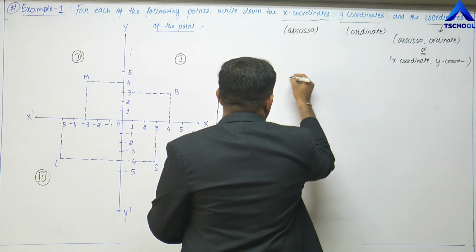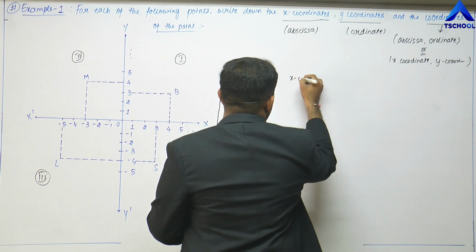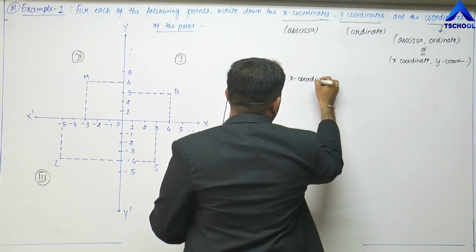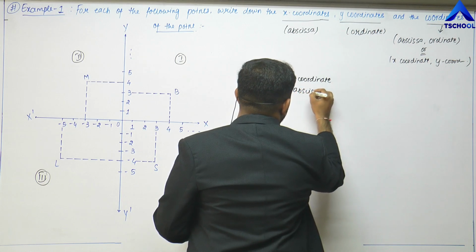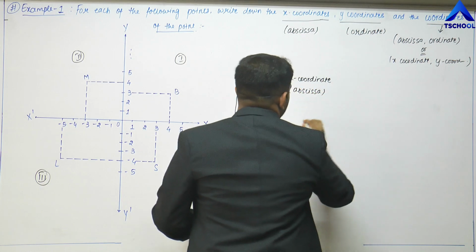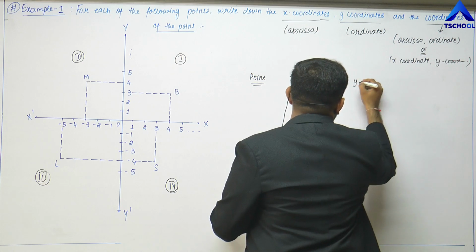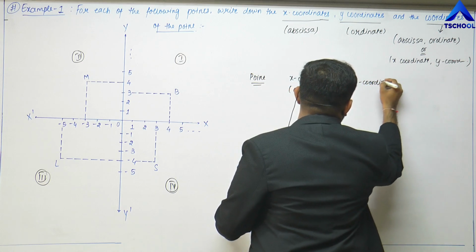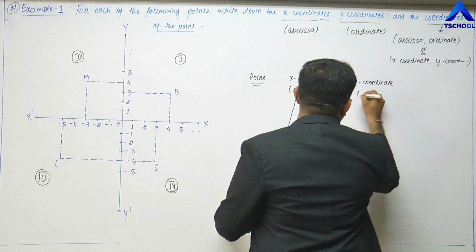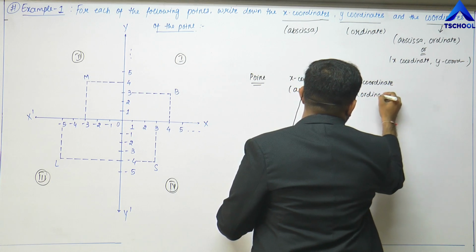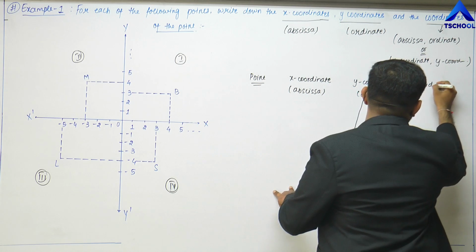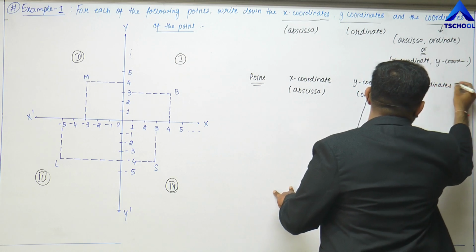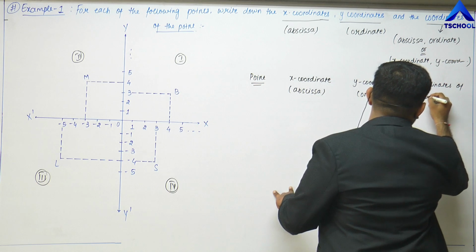The columns are: Point, the x coordinate also known as abscissa, the y coordinate also known as ordinate, and the coordinates of the point.